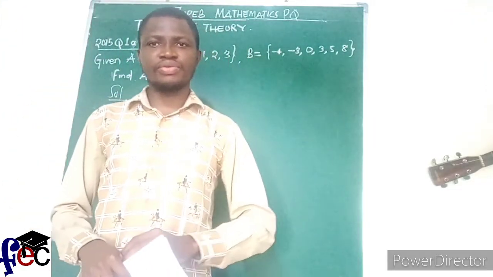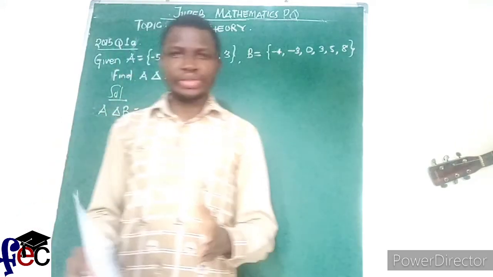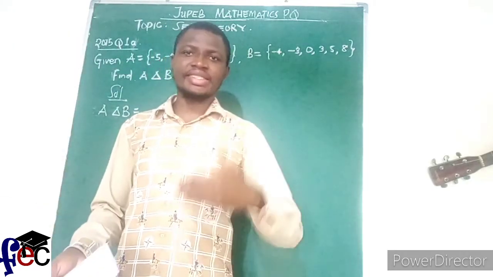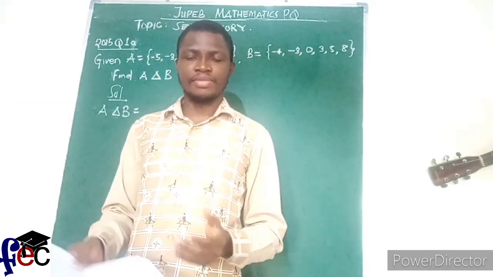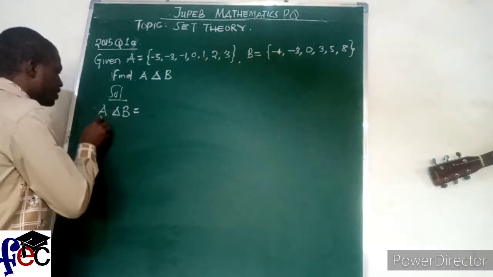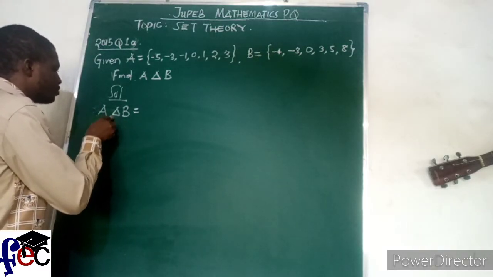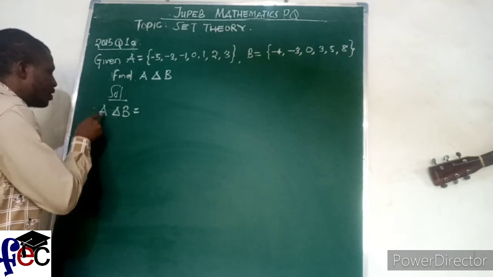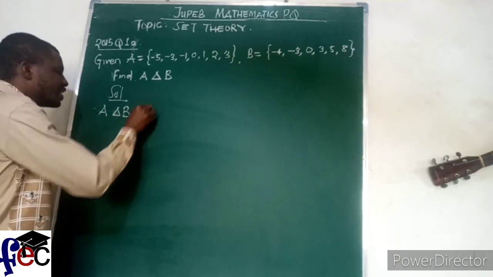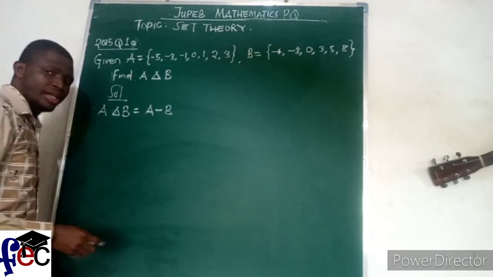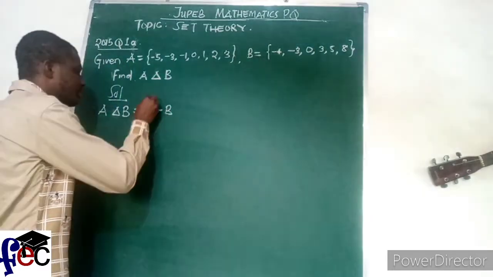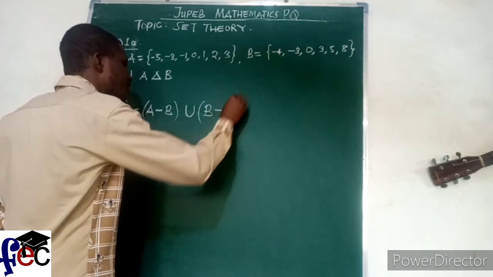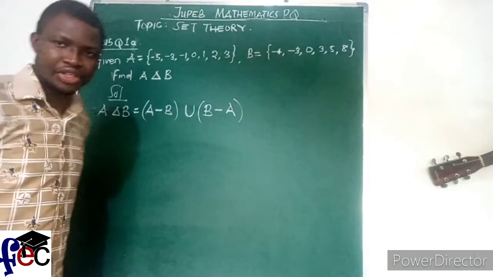The symmetric difference of two sets, say A and B, is the union of the relative complement of set B with respect to A and the relative complement of set A with respect to B. This is what I'm saying: the symmetric difference symbol between set A and B is given by the relative complement, that's the difference between set A and B, union the relative complement of set A with respect to B. So that's the definition. Okay.